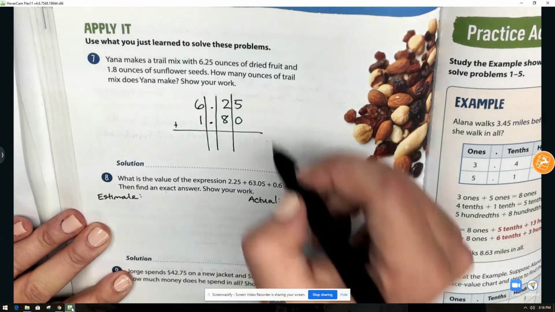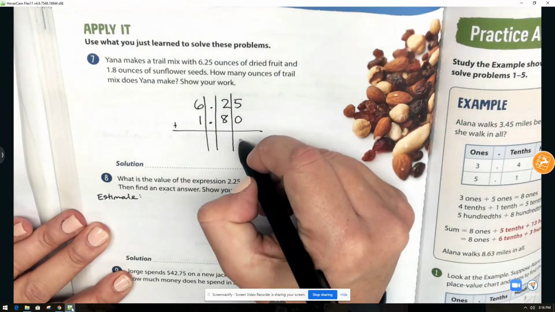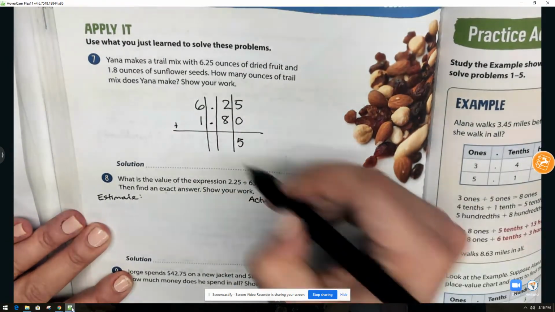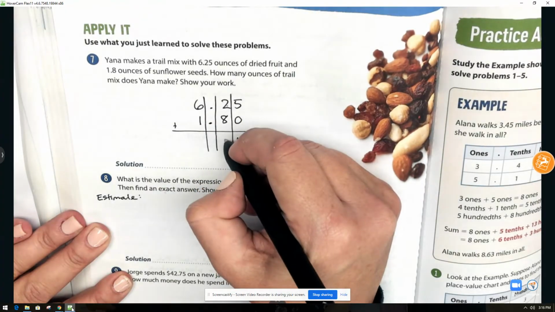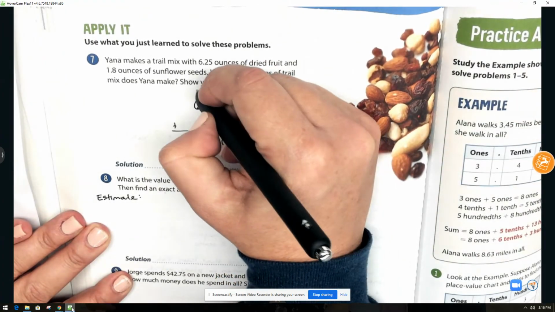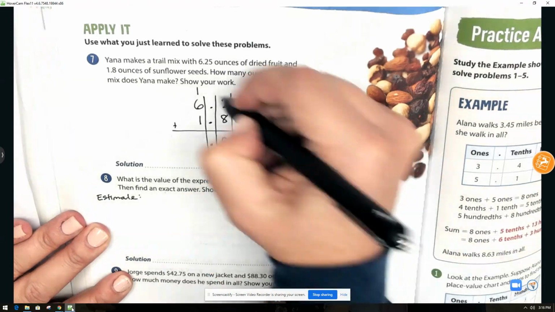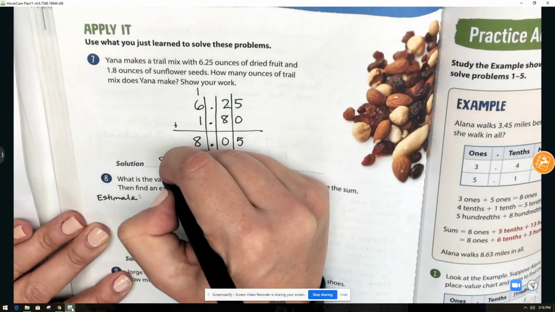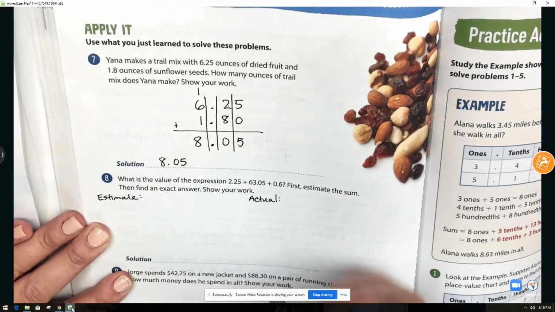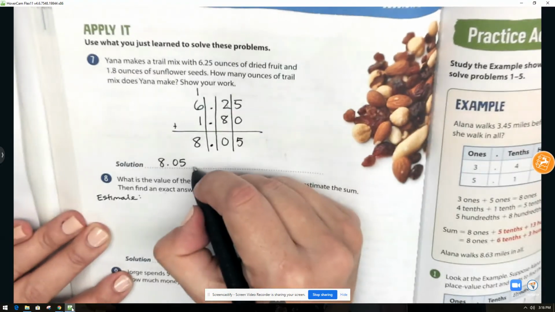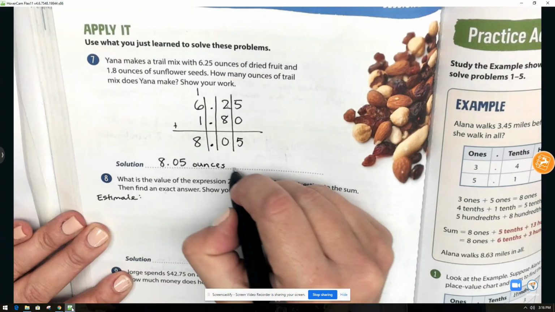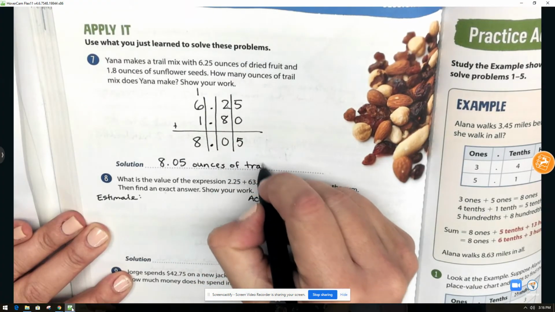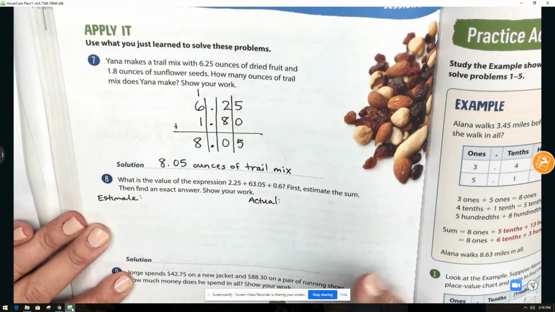We can even add that 0 there if we want to help us out. 5 plus 0 is 5. 8 plus 2 is 10. Carry the 1. Bring our decimal straight down. 1 plus 6 plus 1 is 8. We have 8 5/100 ounces of trail mix.